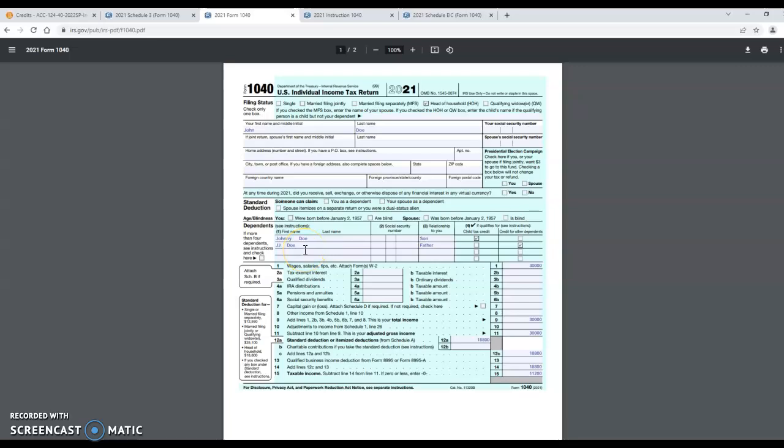Okay, here we're going to go through John Doe. In the previous two videos, we took a look at filling out the 8812 and calculating out the child tax credit and the credit for other dependents. Now we're going to take a look at calculating out and filling out any forms necessary for the earned income credit for John Doe.